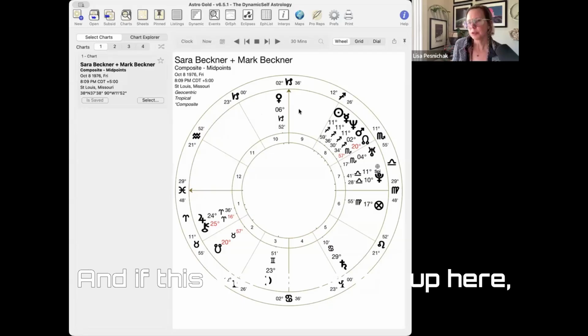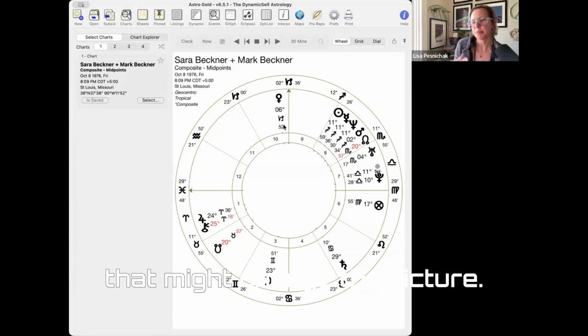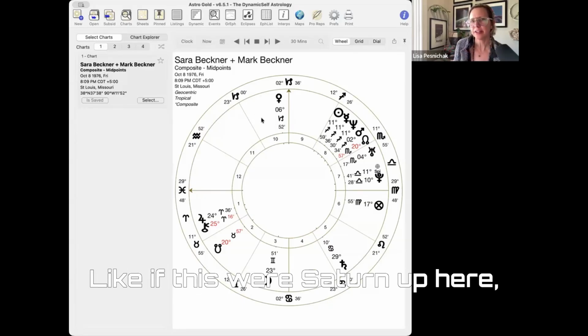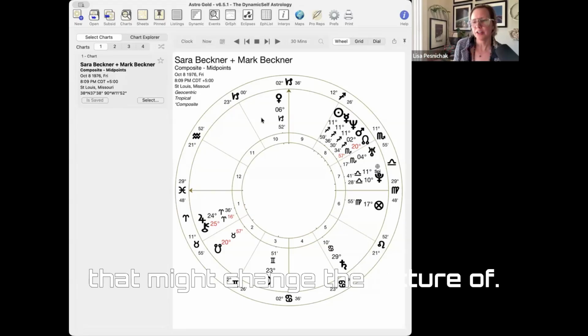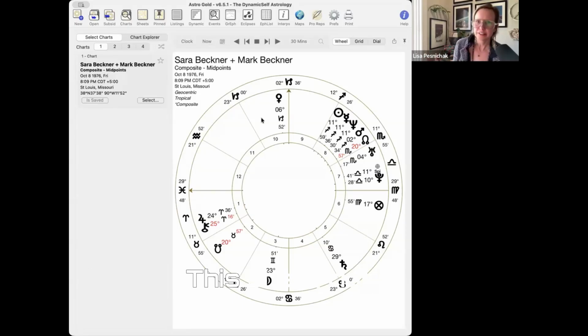And if this Venus weren't up here, that might change the picture. Like if this were Saturn up here, that might change the picture of this chart, right?